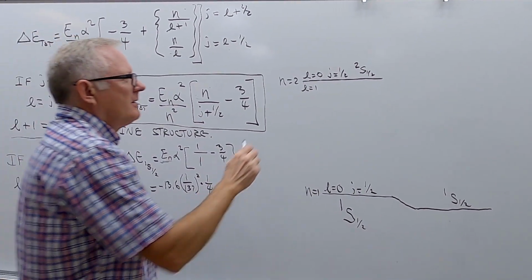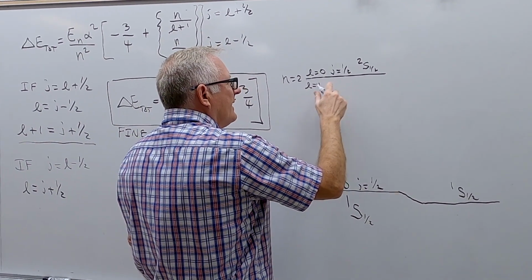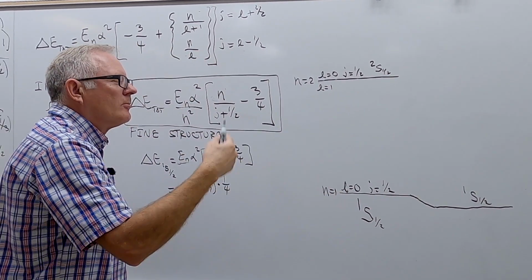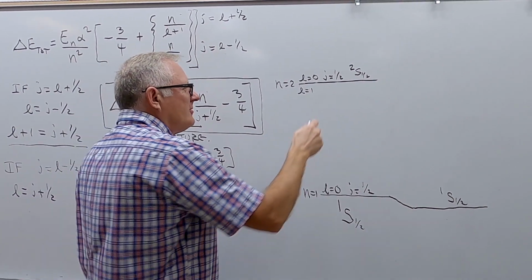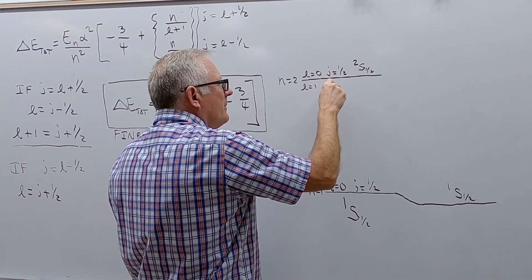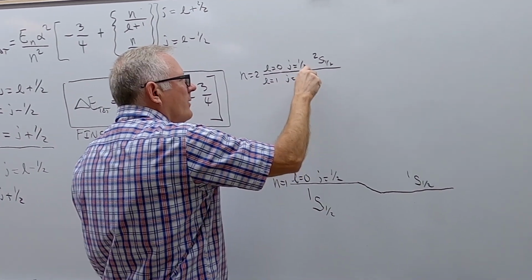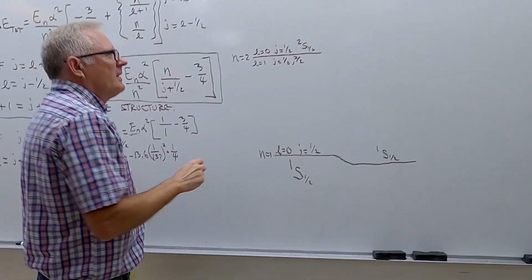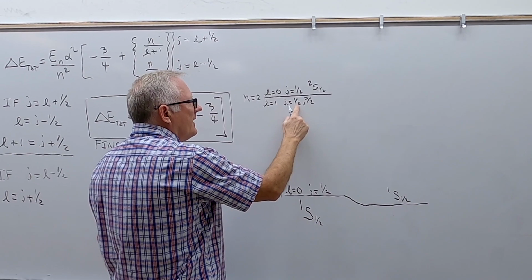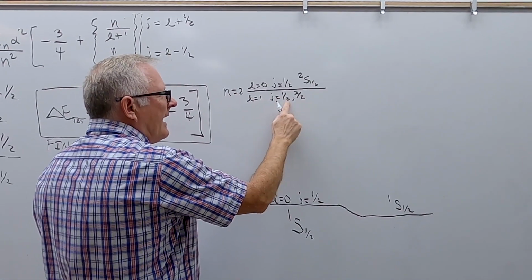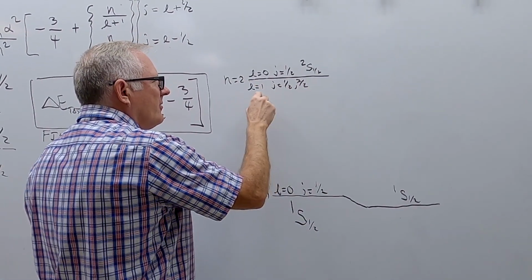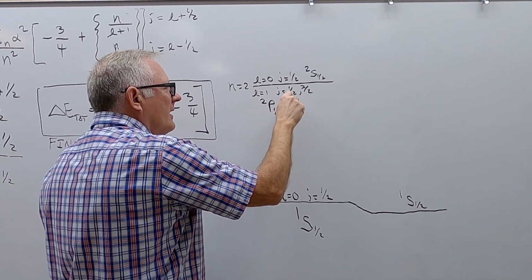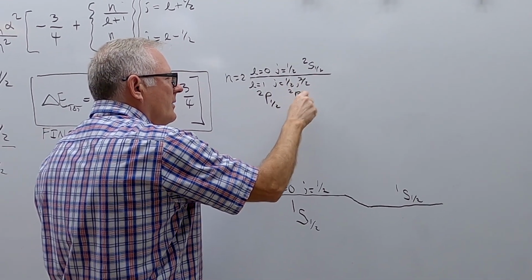If L is equal to 1, then J can be plus, remember J can be L plus or minus a half, so J can be 1/2 or 3/2. And so this would give me the 2p 1/2 and 2p 3/2.